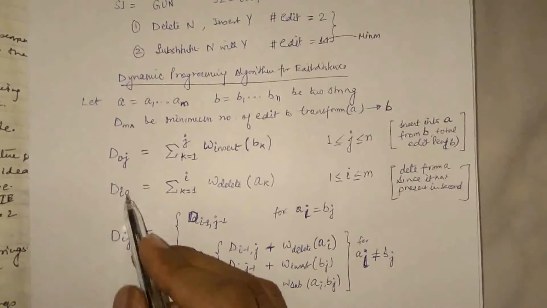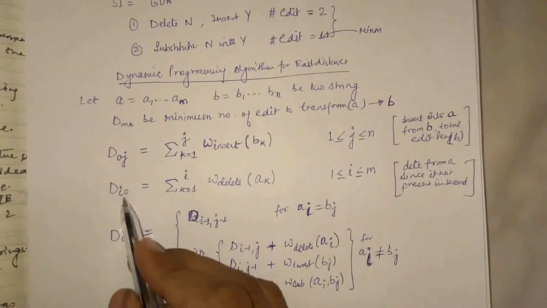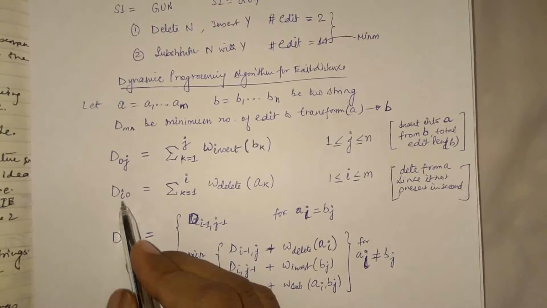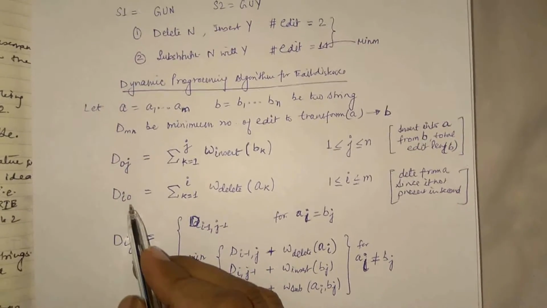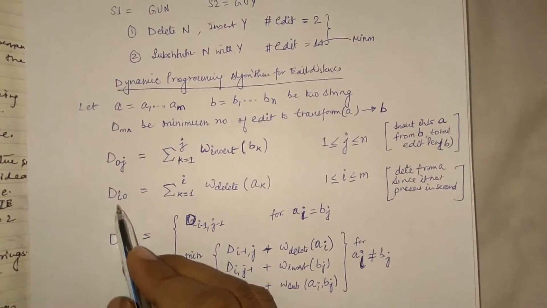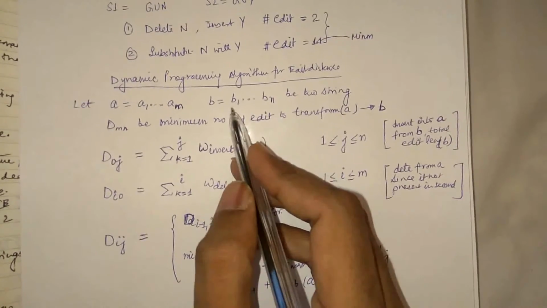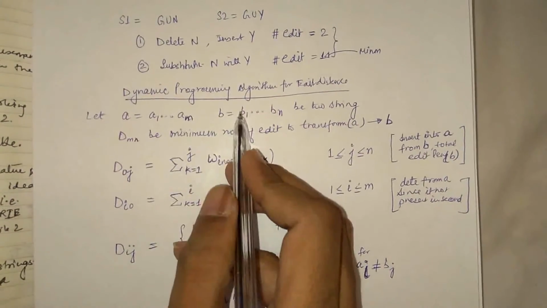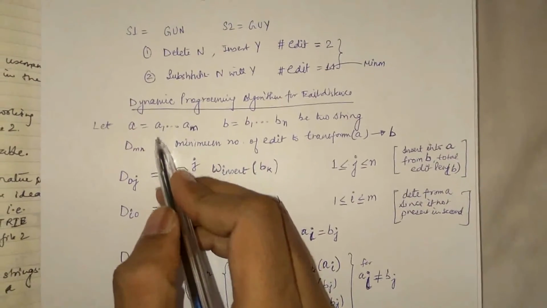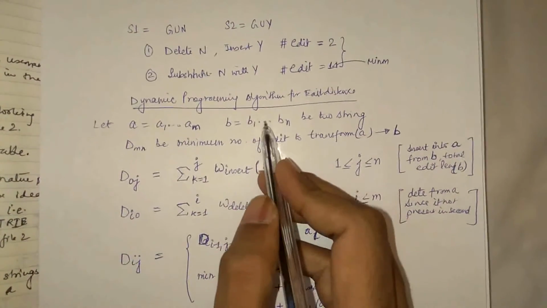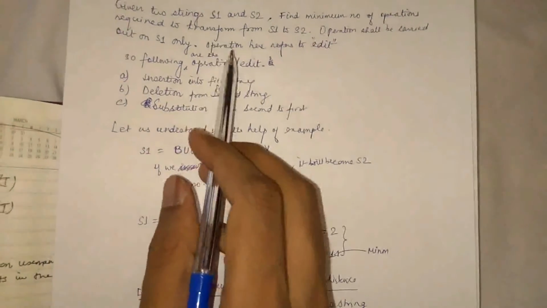Similarly, we don't have any second string, but we have the first string, and we need to transform the first string to the second string. So we need to basically delete everything from the first string. So let us suppose this is null and this is a string. We need to transform this into null. What will we do? We will start deleting from here. One can say we will insert here, but as I told you, we are only allowed to perform operations on S1.